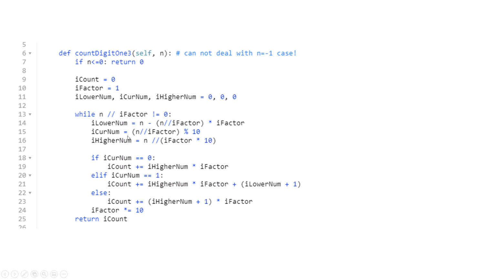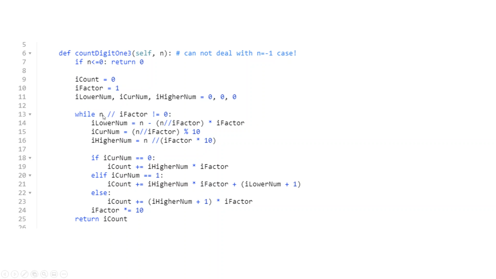Initially they are 0. The loop condition is that n divided by the factor is not 0. If it's 0, it means the highest digit is already less than the factor, so we do not need to go into the loop anymore, right?